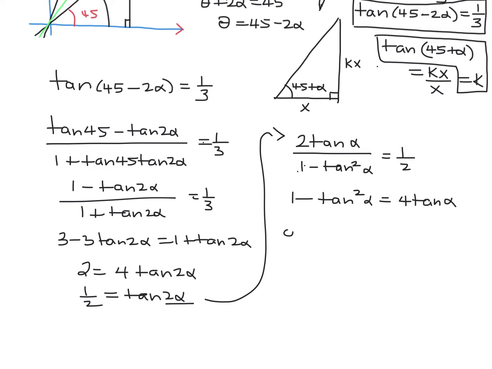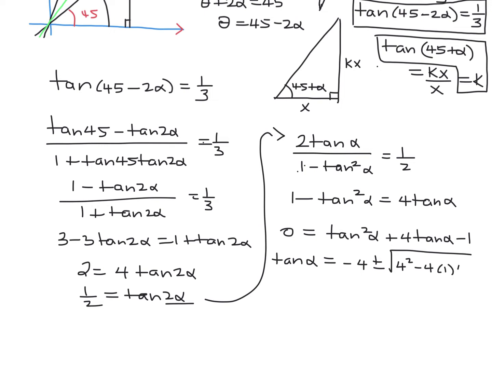Okay, so this is a quadratic, so put everything on one side, and we get tan squared alpha plus 4 tan alpha minus 1. Okay, use the quadratic formula. So tan of alpha is going to be, what is it going to be? Minus b plus or minus the square root of b squared minus 4ac, correct?